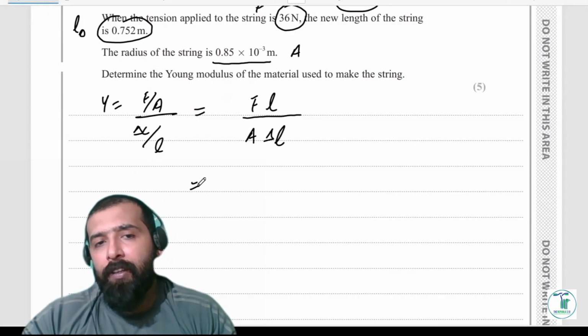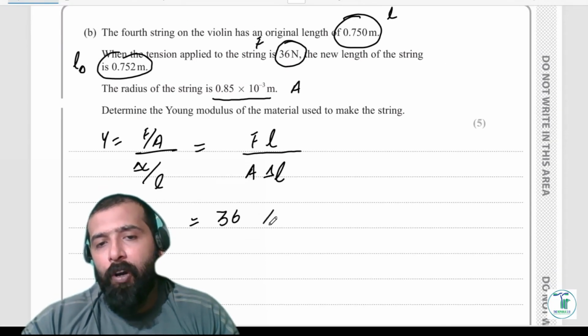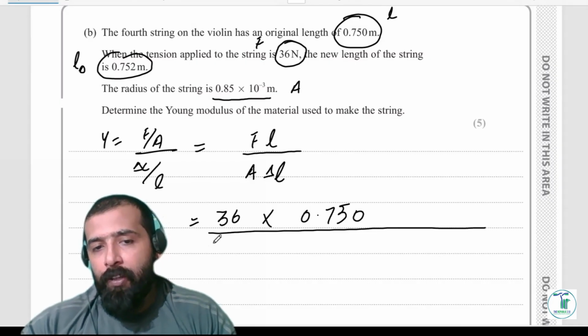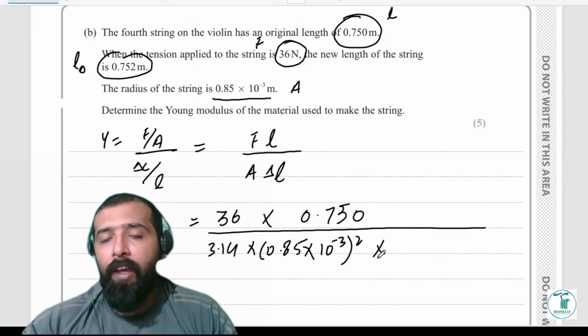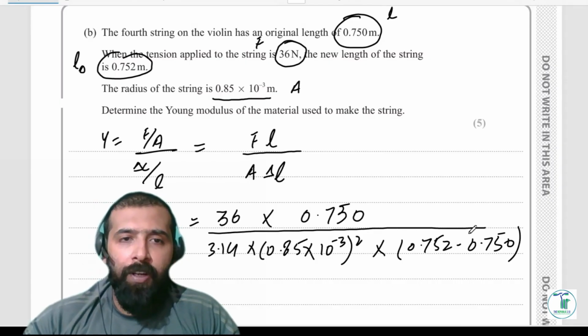I'm just going to plug in the different values. I've got the load, and that is 36. I've got the original length, and that is 0.750. I can calculate the area by using pi r squared, so 3.14 times (0.85 times 10 raised to the power of -3) squared. And I can calculate the change in length by taking 0.750 away from 0.752.